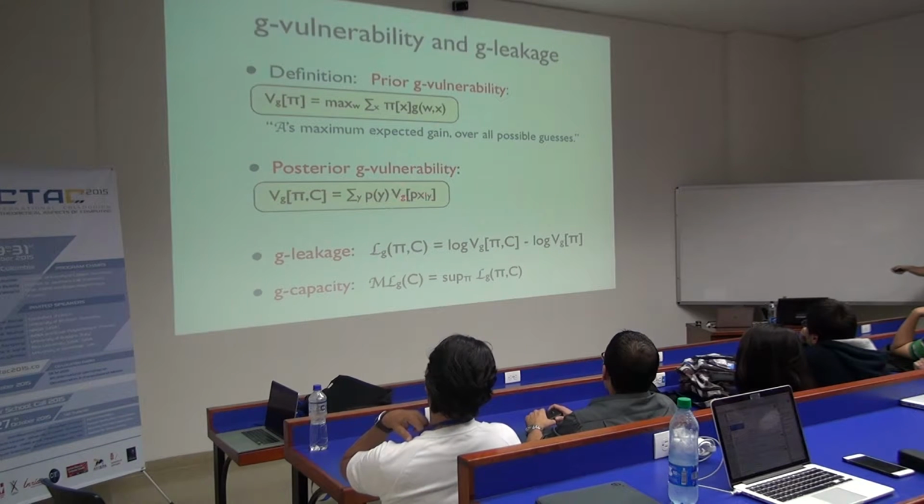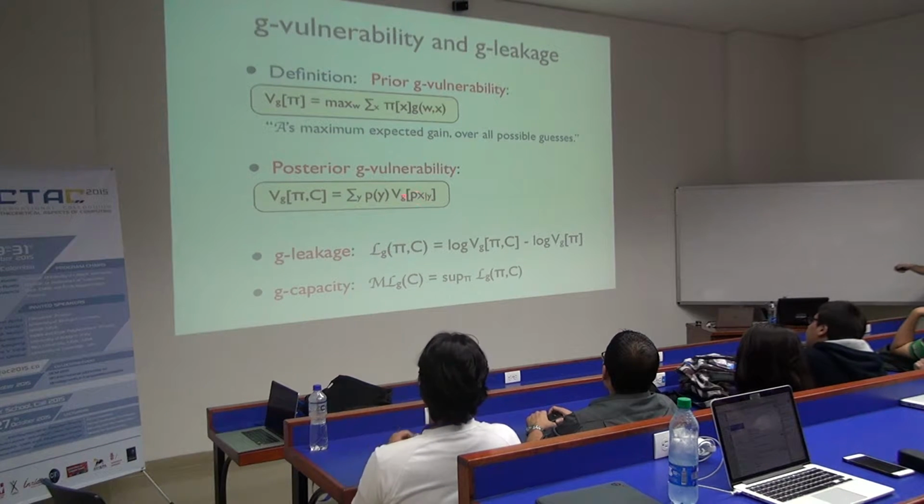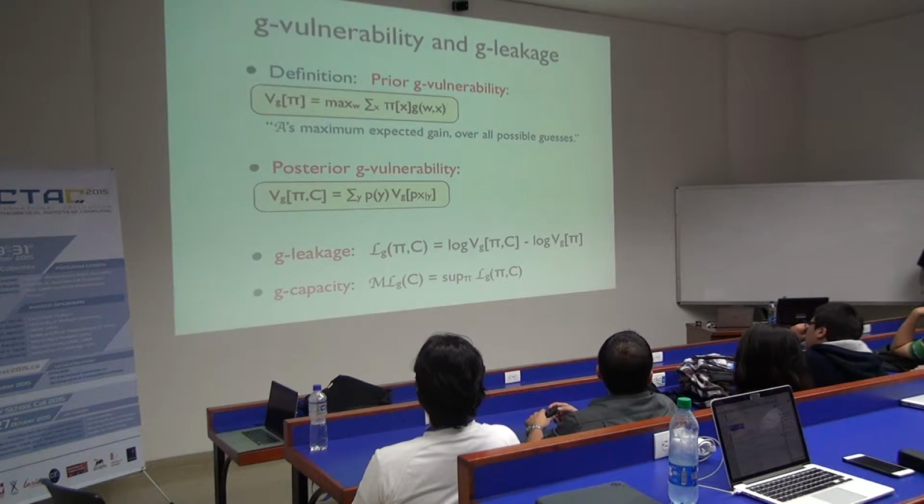For this y, I construct the posterior distribution, measure the vulnerability of this, and average over all outputs. I was doing exactly the same thing for mean entropy. And for Shannon entropy, it was similar, just it happened not at the level of vulnerability but at the level of entropy, so it had the log inside.